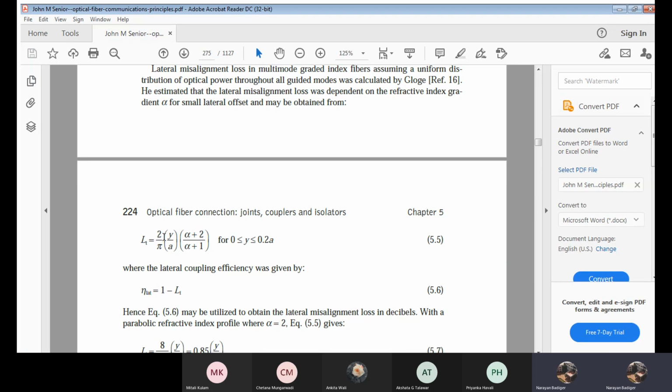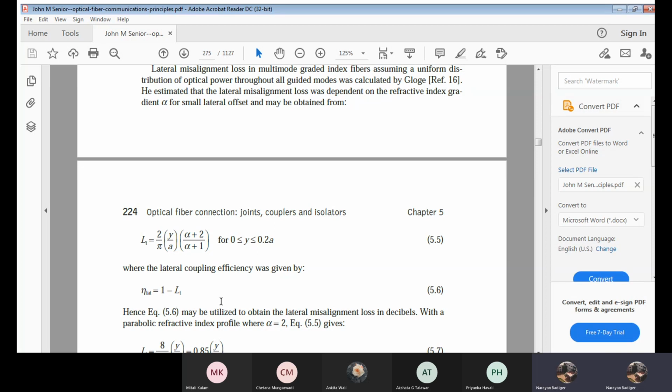And we have one condition here: the y value should be between 0 and 0.2 times the radius. And the lateral coupling efficiency for this graded index fiber will be 1 minus LT.